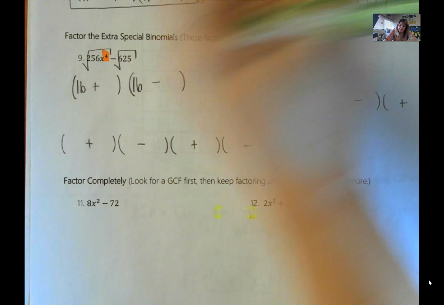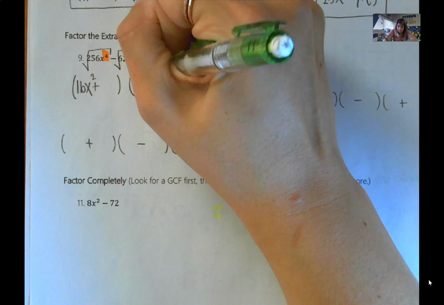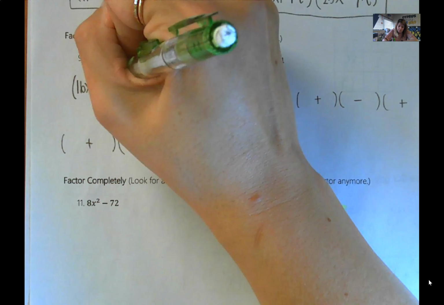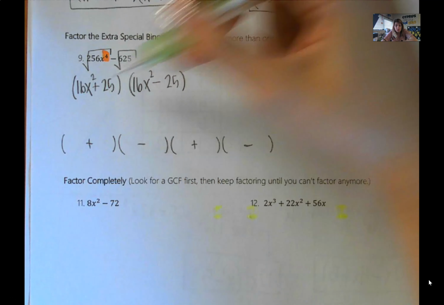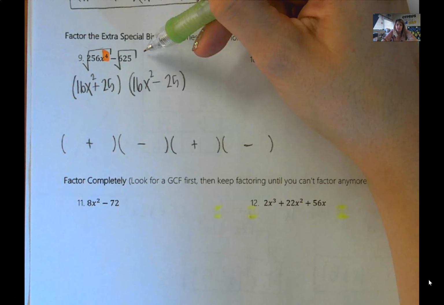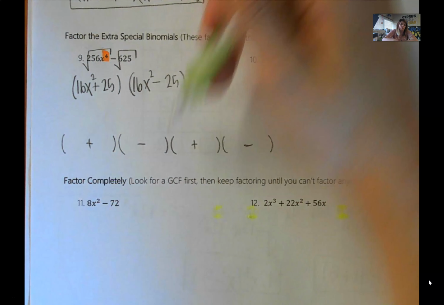The root of x to the 4th is x squared. The root of 625 is 25. And now you have 2 special binomials. So you start with an extra special binomial and you get 2 special binomials.